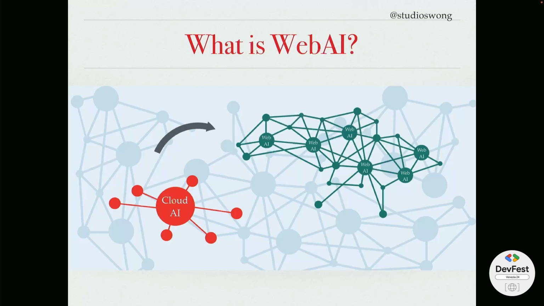Unlike cloud AI, which requires sending data to remote servers to do the calculations, with the LLM sitting somewhere on the server, WebAI enables decentralized, client-side execution. In other words, it allows a lot of privacy, reduces latency, and allows offline AI capabilities.